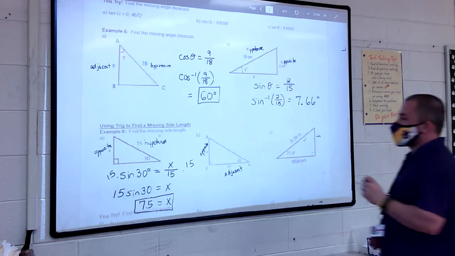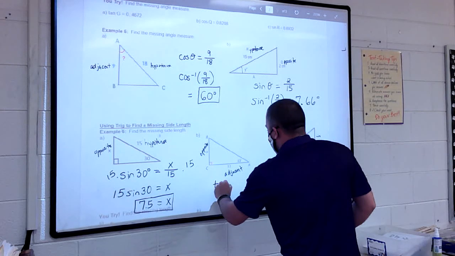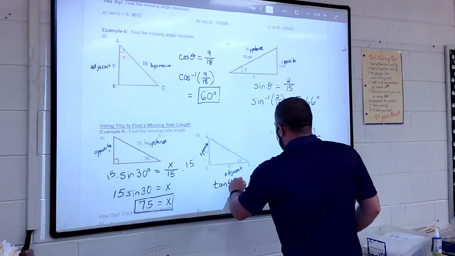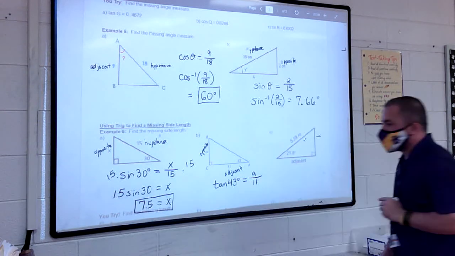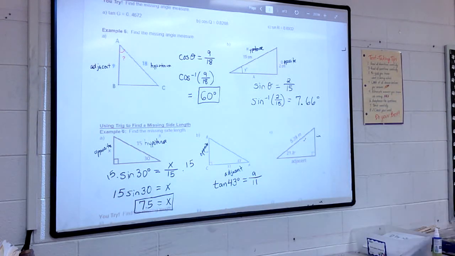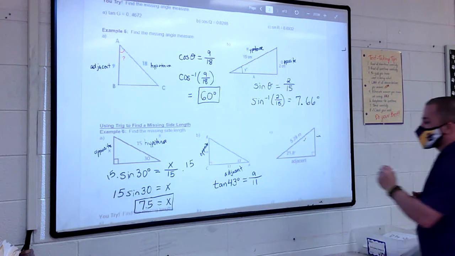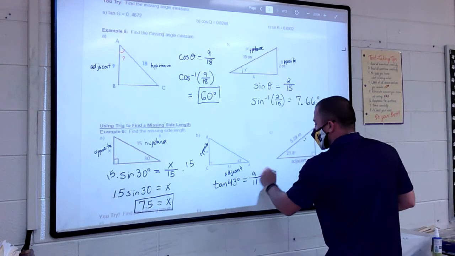So I'm going to say tangent of 43 degrees equals opposite over adjacent, A over 11. I'm going to do the same thing. I want to solve for A. So I'm going to times 11 and times 11.